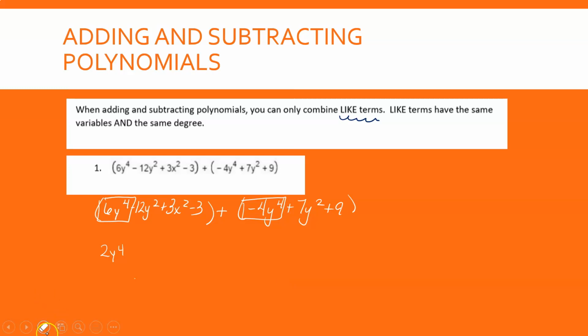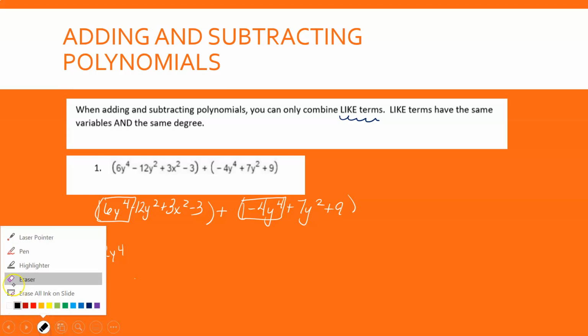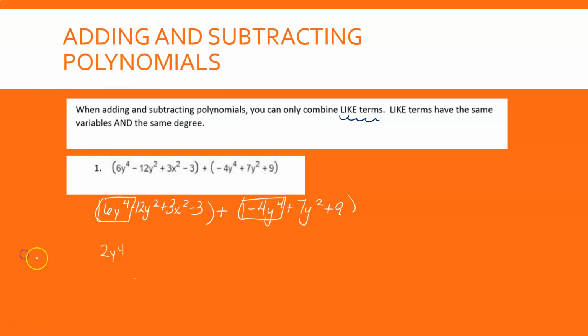Let me look at my next one. I'm going to change the last one. I have negative 12y squared, and I have 7y squared. So I have negative 5y squared, and you combine them. And then there's another 3x squared variable, so I can't combine them. And then I have my constant. 9 and negative 3 is 6.